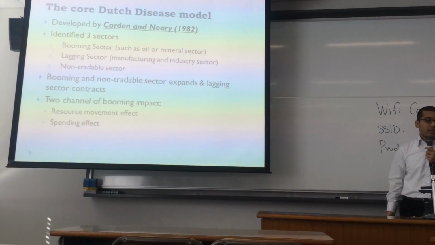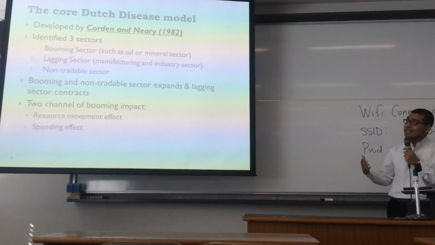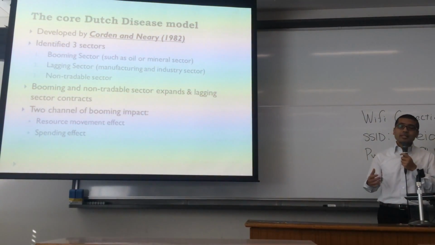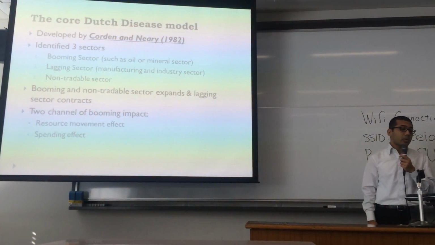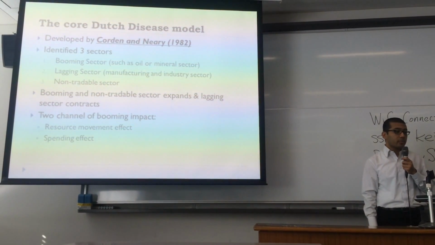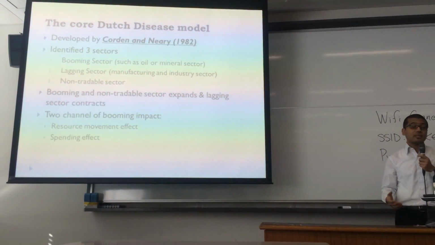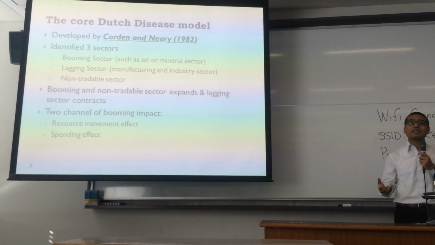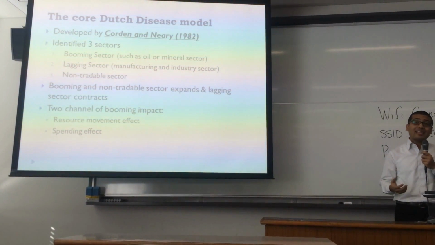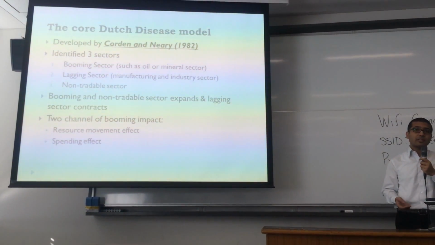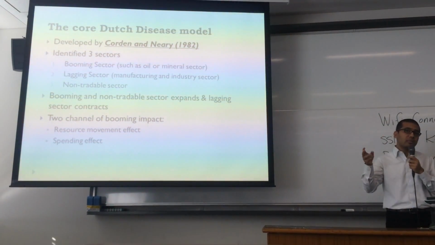So what is the core Dutch disease model? What does it tell us? The first core Dutch disease model was developed by Corden and Neary in 1982, and they identified 3 sectors. The booming sector, of course, the oil or mineral sector, the lagging sector, which is the manufacturing and industry sector, and the non-tradable sector. They segregated the whole economy into 3 parts.